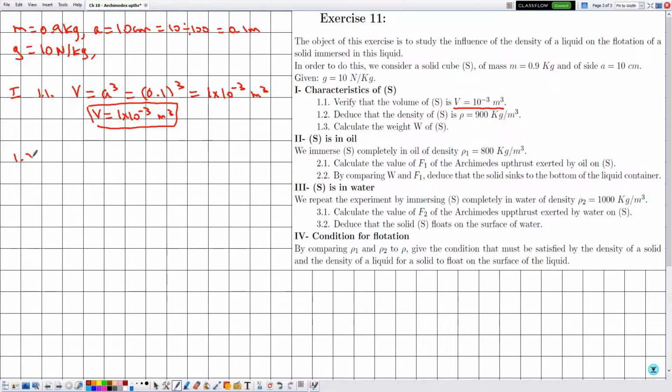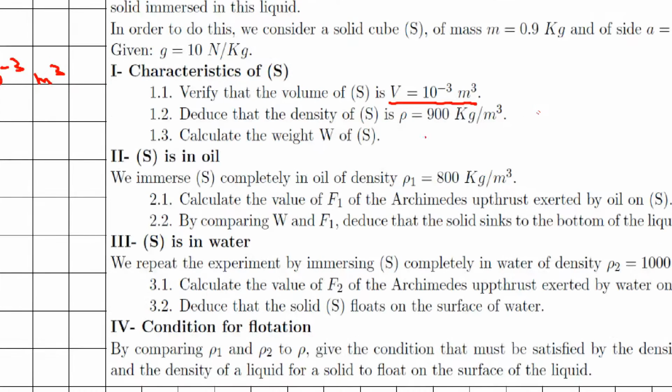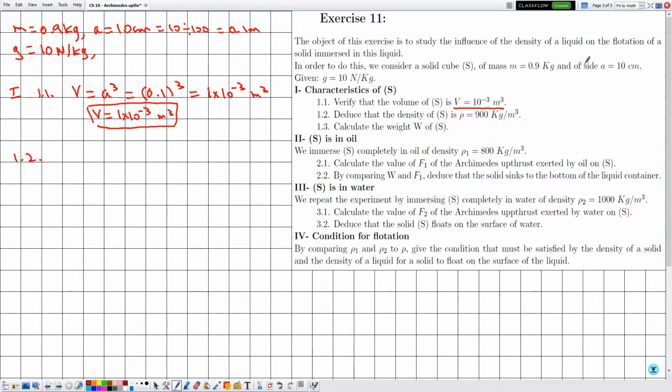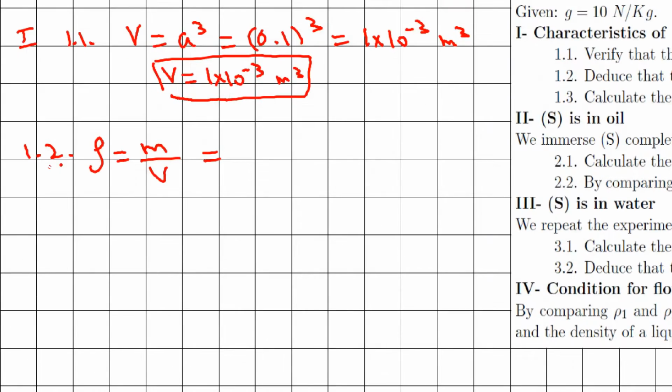Now 1.2, deduce that the density of S is rho equal to 900 kg per meter cube. By deduce, it means we need to use the previous part. In the previous part we determined the volume, and the mass is already given as 0.9 kilograms. We know that the density, the mass and the volume are related via the following formula. No need to construct a triangle because this is the quantity that we want to determine.